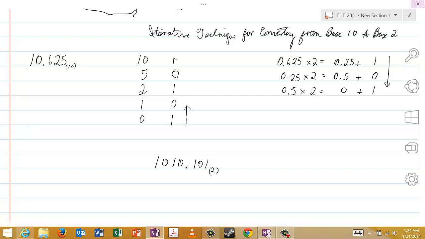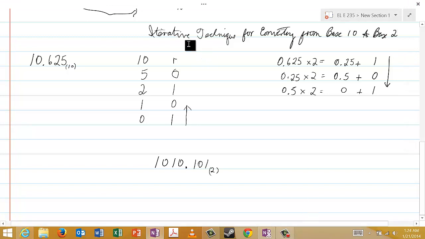Now the way this iterative technique works is the following. We write down the whole number part of the number over here to the left. So we have 10.625. The whole number part is 10. Write that down on the left and write down 0.625 over on the right.